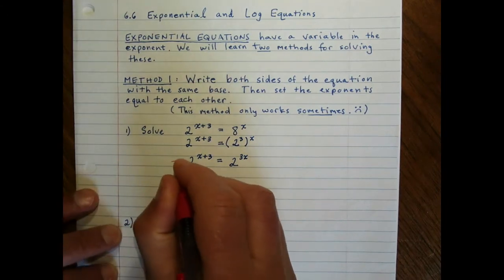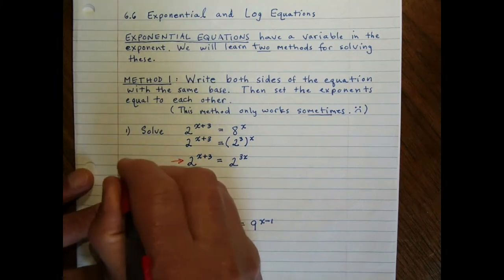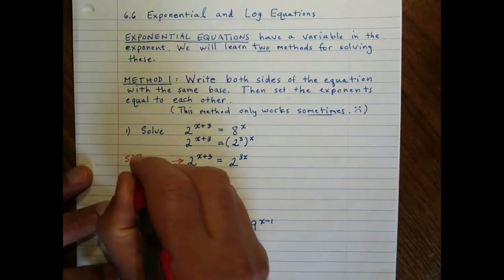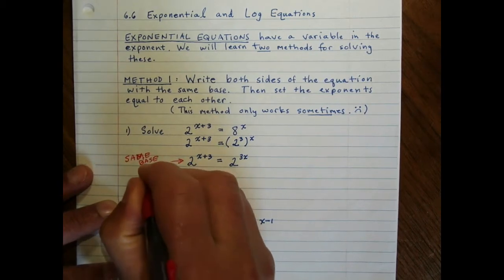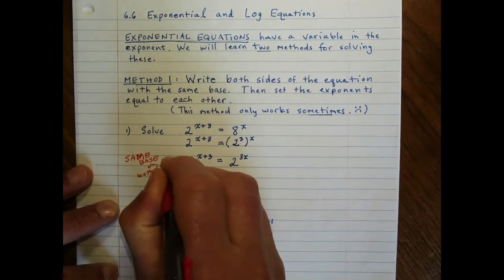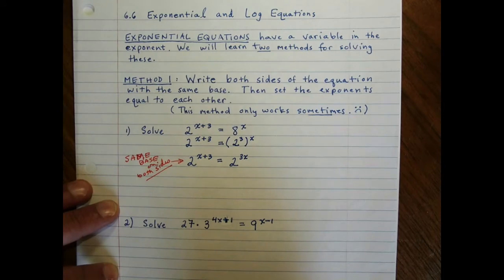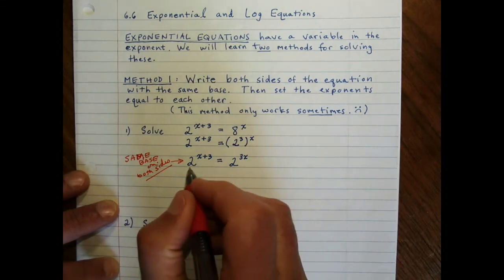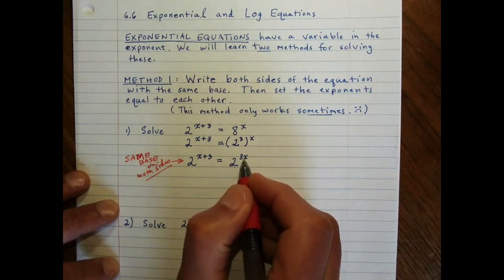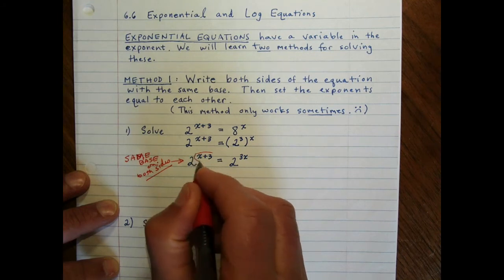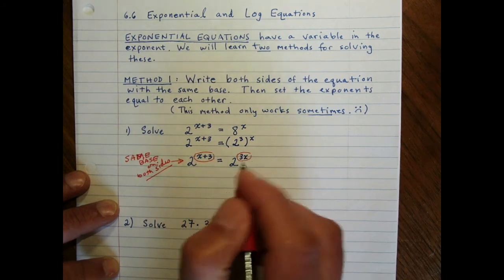So notice here I got to the point where I have the same base on both sides. So I have base 2 on each side. Now if I have the same base on both sides, 2 to a power on one side equals 2 to a power on the other side, then the exponents have to be equal to each other.